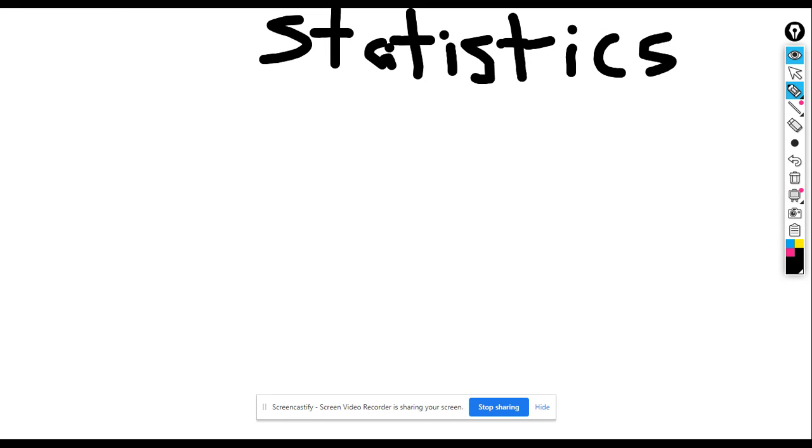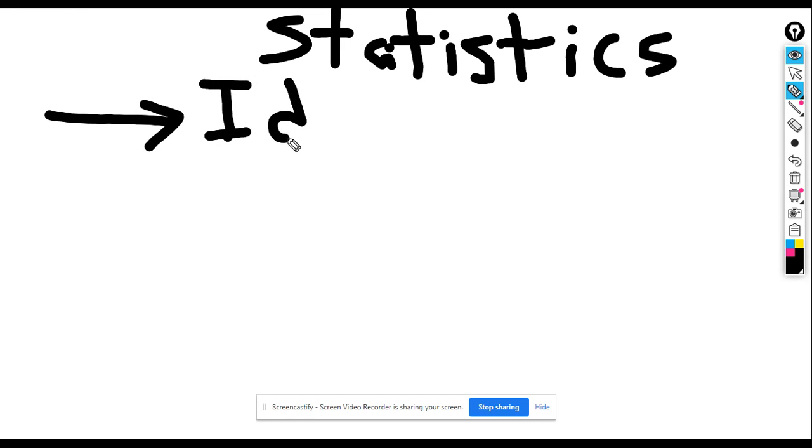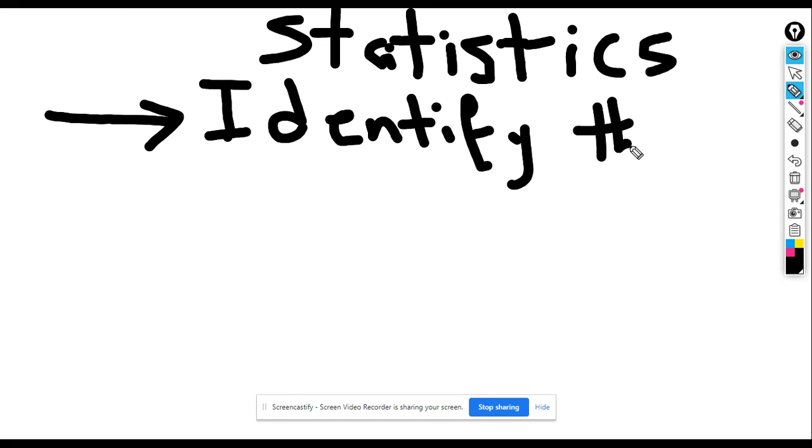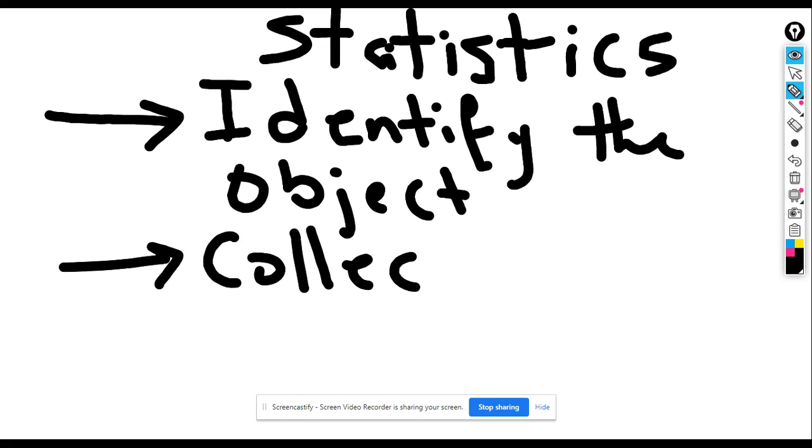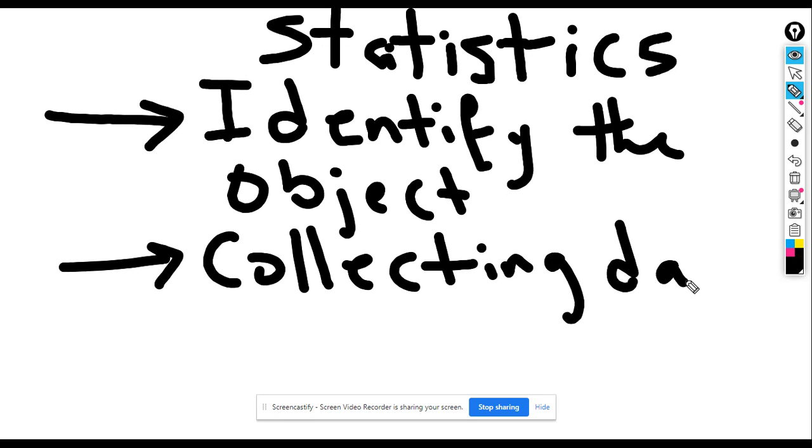So, statistics deal with five parts. The first part, identify the object. The second part, collecting data.